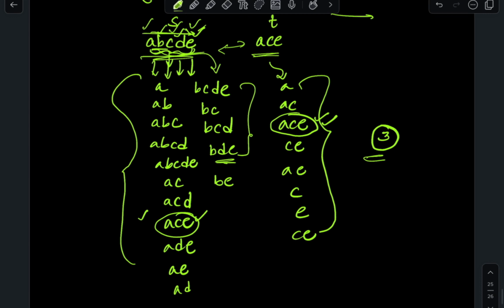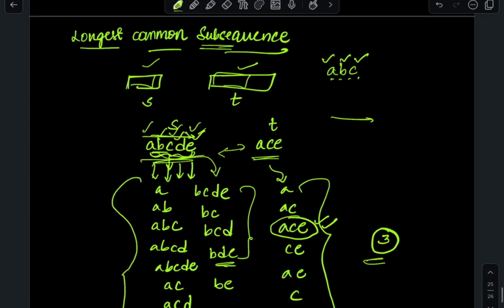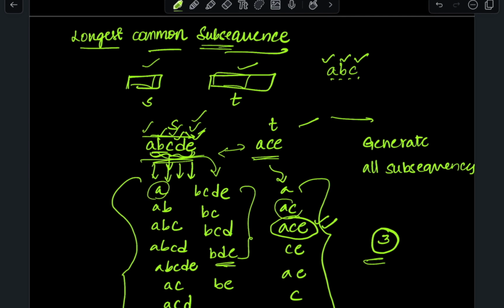Now what is the brute force approach that we can follow? We can generate all the subsequences out of these two strings, then compare each subsequence with each one of the other word's subsequences, check their lengths and store the maximum value.